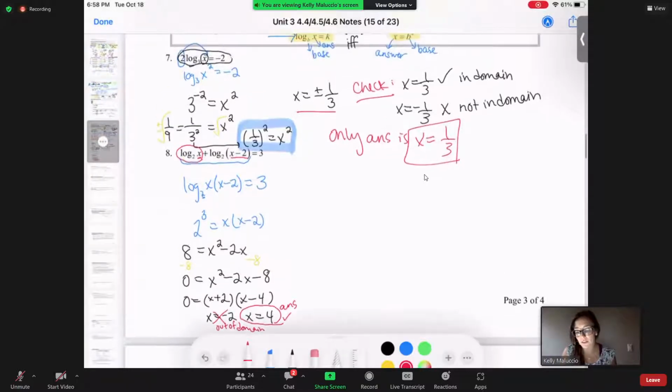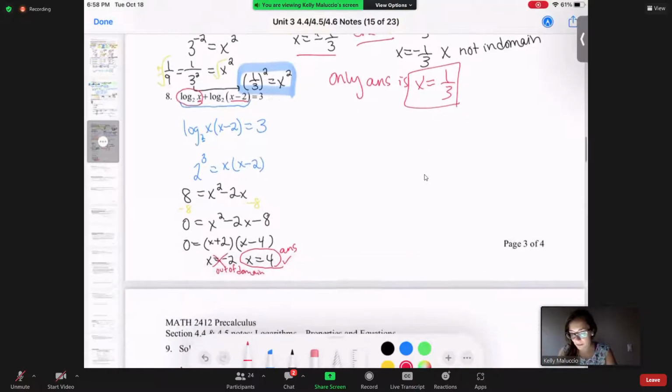Just like Michael said for number 7, couldn't you just divide by 2 to start and then go from there? This is correct, right? So there are multiple ways, and maybe not every problem has many ways to solve, but a lot of these problems have different ways because all the properties tie together. And as long as you're using it correctly and performing the math operations correctly, it's not a problem, right?